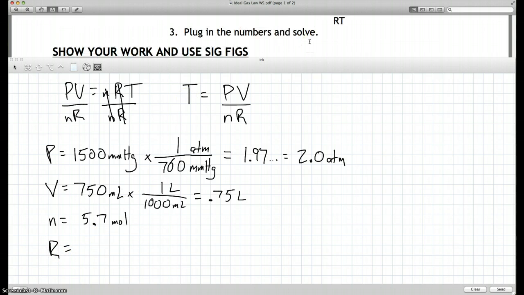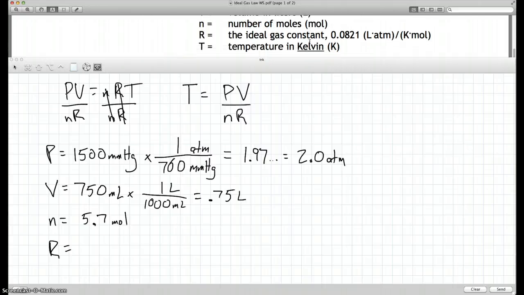R is always that number right there. 0.0821 liters times atmospheres over mole times K, or K times mole. It doesn't really matter the order there. So I've got all my variables. I can plug them into my equation here.